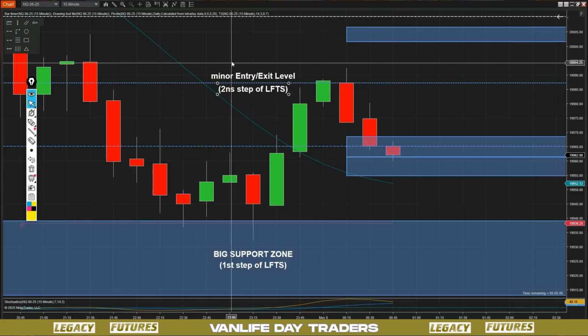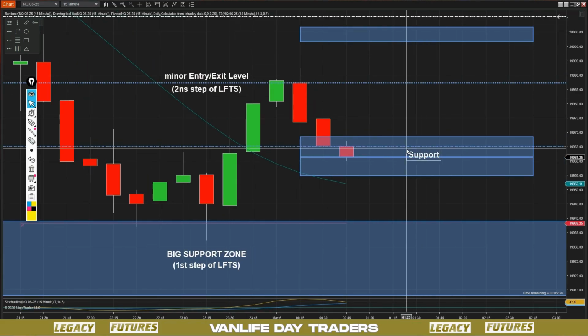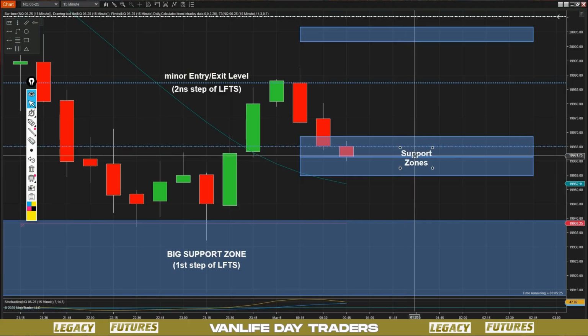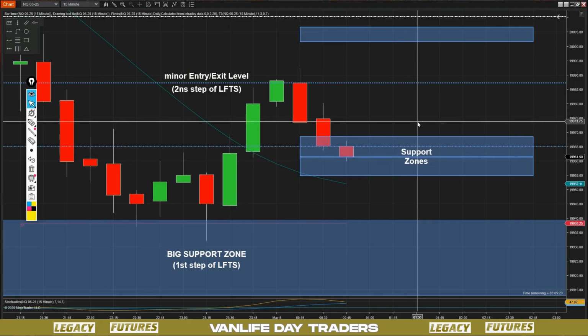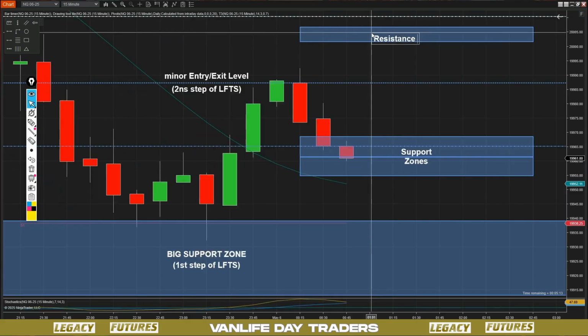All right, what do we have next? Support zones. Let me do it like this. Support zones right here, and we have resistance zone.